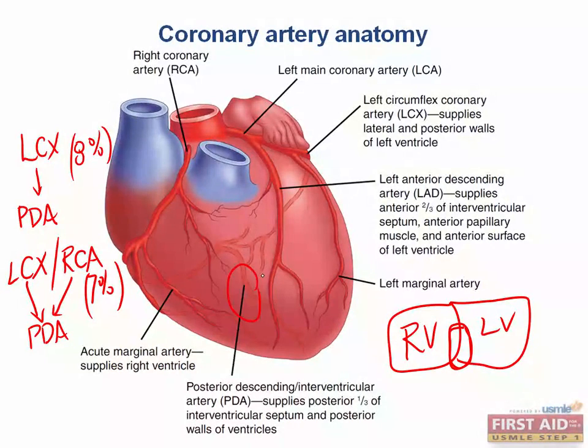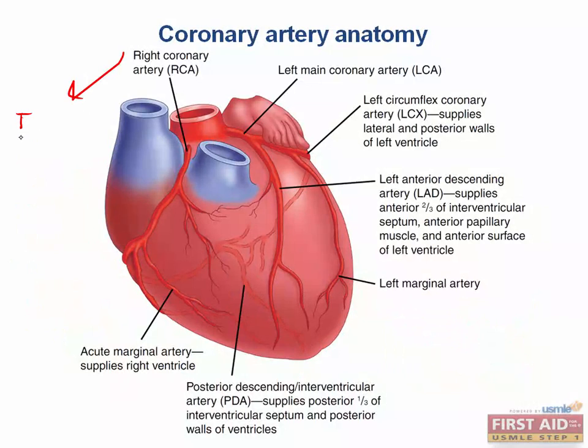The posterior descending artery essentially comes from the infero-posterior part of the heart to the apex, where it meets its longtime pen pal, the left anterior descending artery. So we can summarize and say that the right coronary artery supplies blood to the inferior and posterior ventricular walls via the posterior descending or interventricular artery.